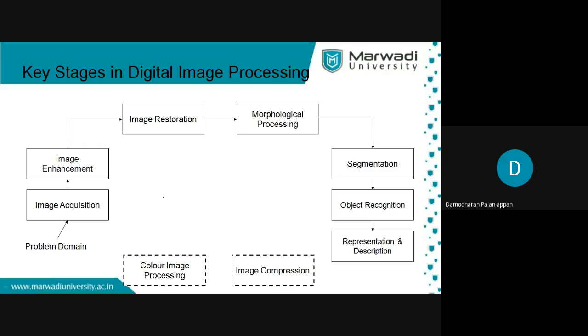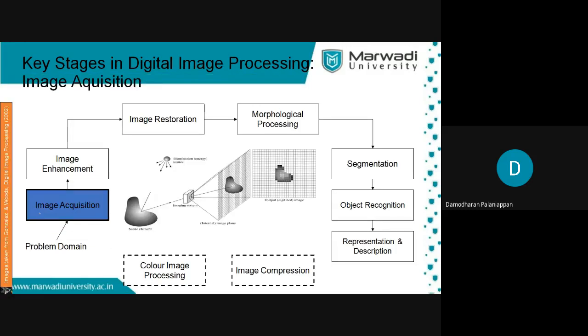Now we can see the first stage. The first stage is nothing but capturing the image, which is called image acquisition. Acquisition means capturing the image. The image can be captured by using a camera. We have already studied how the image is captured. The image is captured by its reflection, and the reflection is done by using light rays.